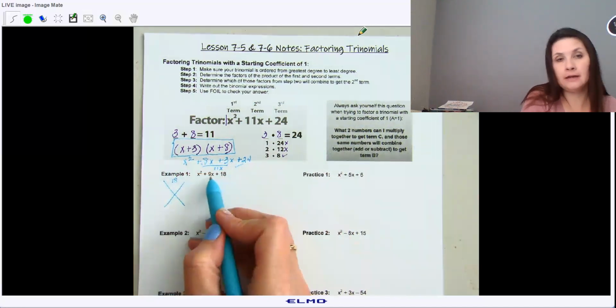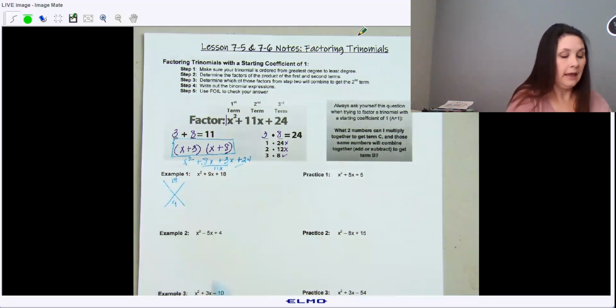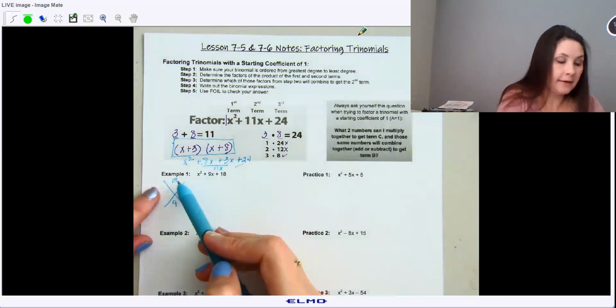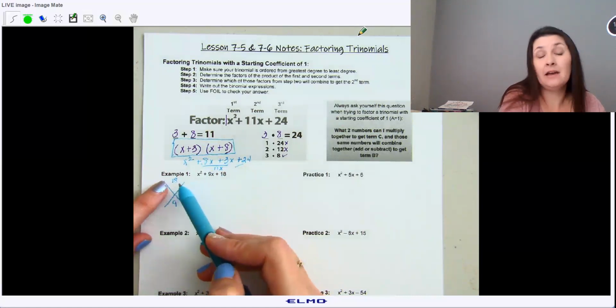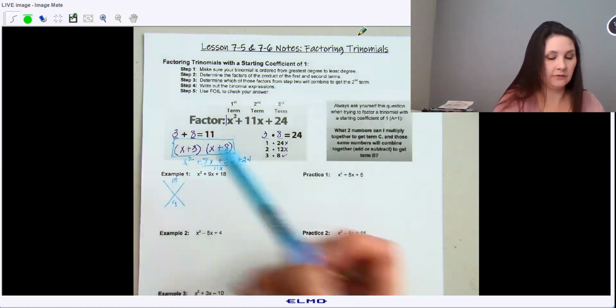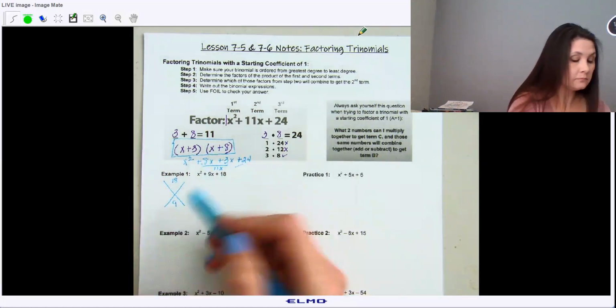And then I put my 9 in the bottom of the x. Now I'm trying to find factors of 18 that combine to get 9, because sometimes you're going to deal with negatives when we get further down.